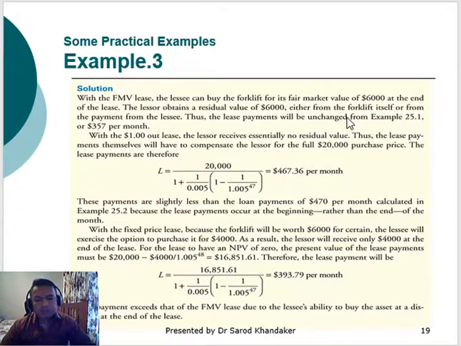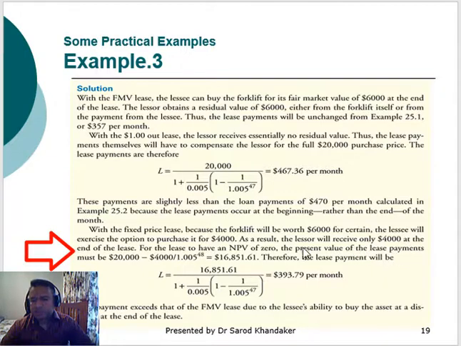The next one is the fixed price lease. Because the forklift will be worth $6,000, the lessee will exercise the option to purchase it for $4,000. As a result, the lessor will receive only $4,000 at the end of the lease. For the lease to have an NPV of 0, the present value of the lease payment must be $20,000 minus $4,000 divided by 1.05 to the 48, which is $16,851.61.